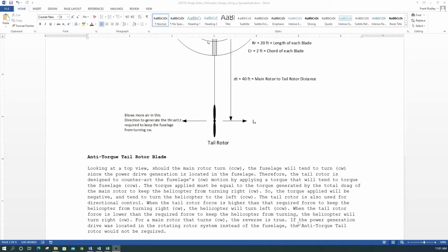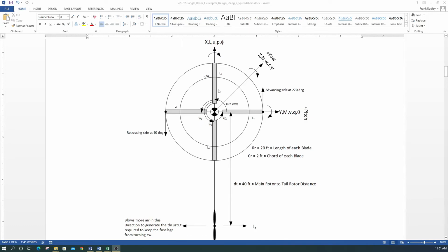Okay, the other exception is if the power generation drive was located in the rotating rotor system instead of the fuselage, the anti-torque tail rotor would not be required. So if the power generation that turns this counterclockwise was all within this rotor system, then there wouldn't be a need for a tail rotor. There are some helicopters that have been designed that could do that, by putting jets on the end of the blade.